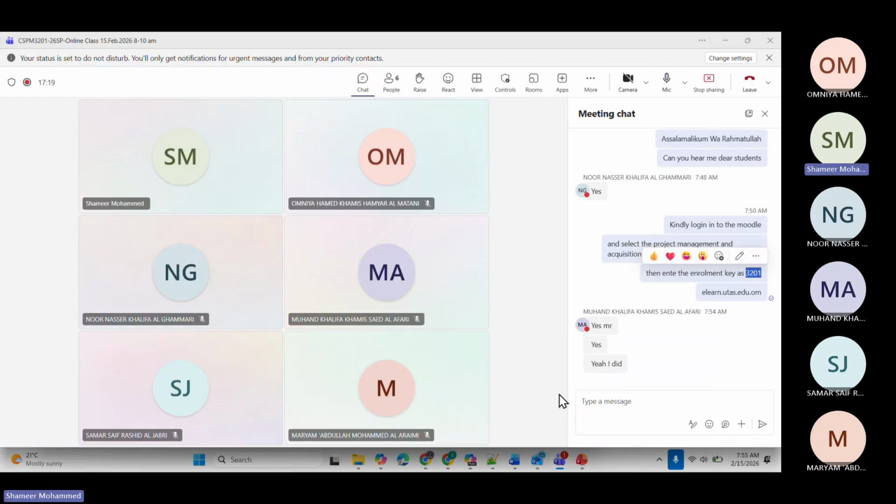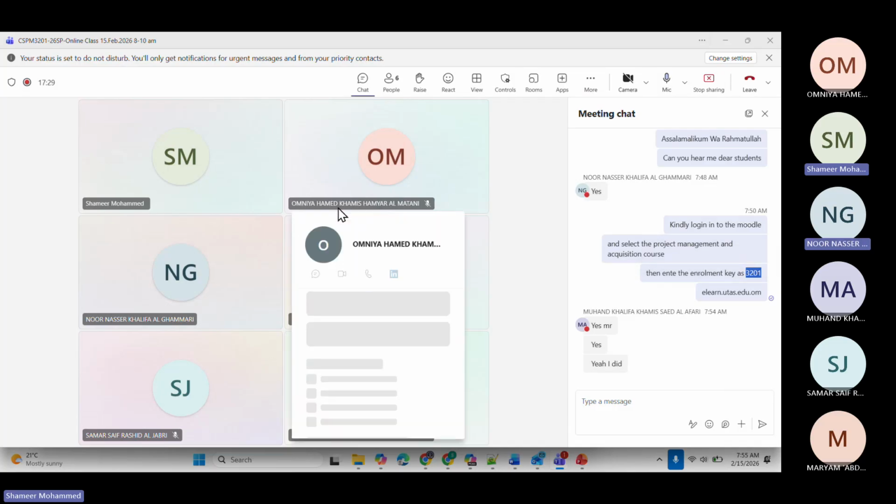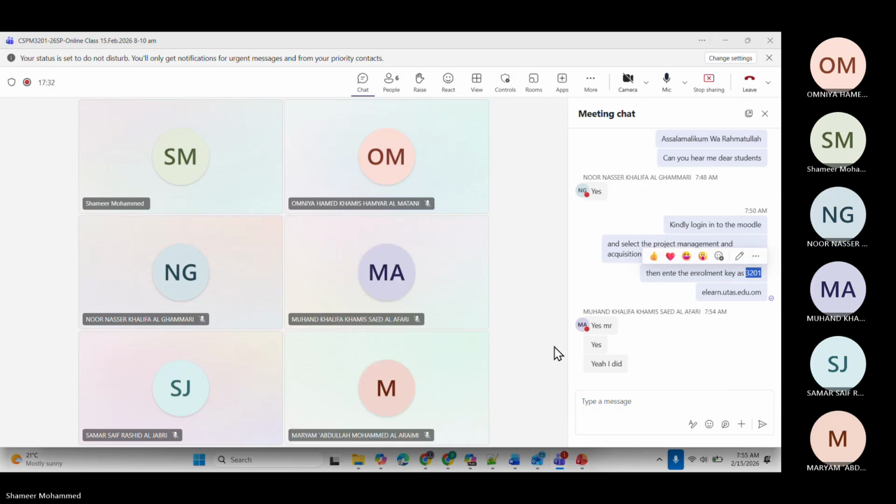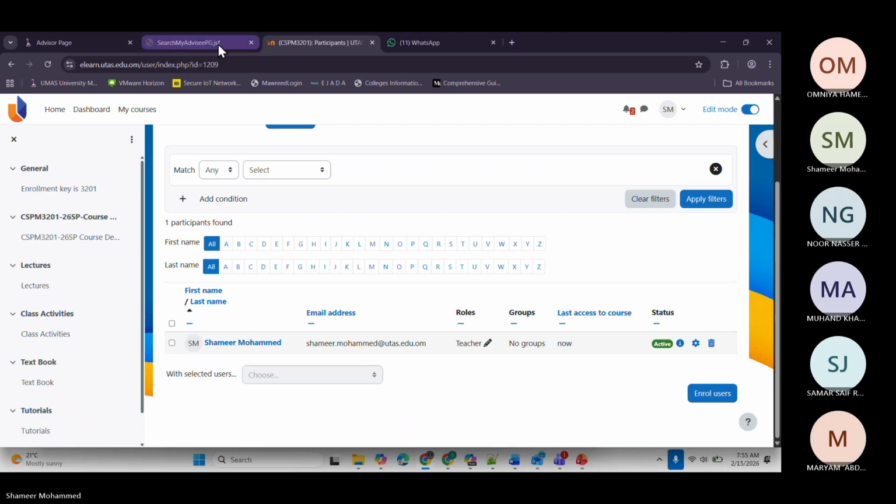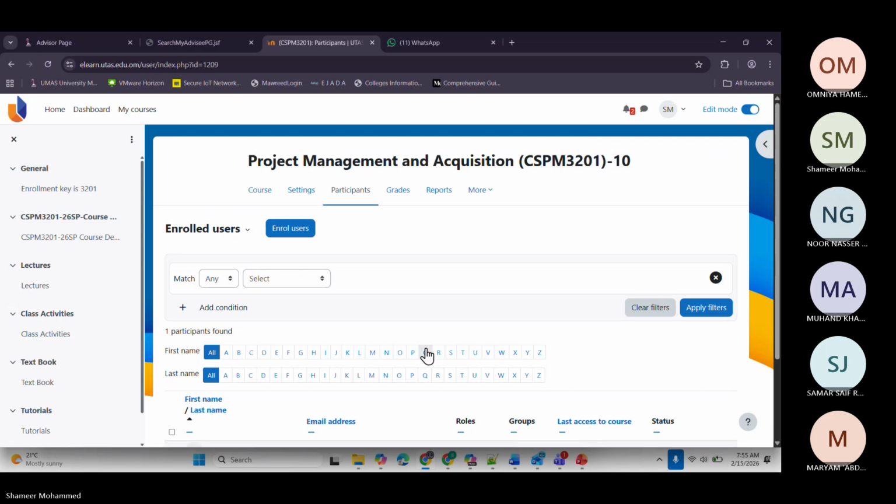All of you students, please tell me, you did it? Then why don't I see your names? What about the other students? Noor, Omnia, Samar, Mariam. Did you register in the course? Yes. But here I don't see your names.